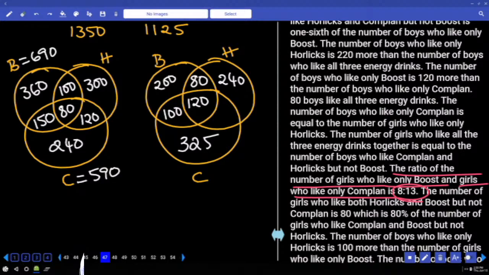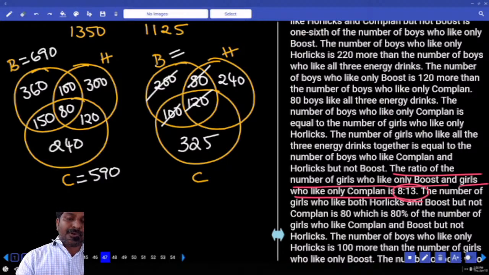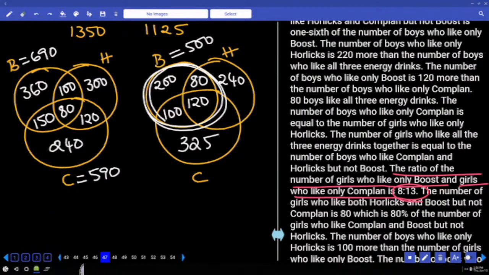1125. Let's first calculate how much is Boost: 80, 120, 200, 200, 400, 100. So 500 is only Boost. Apart from Boost, there are 3 values. Total Boost plus these 3 values together must equal 1125.